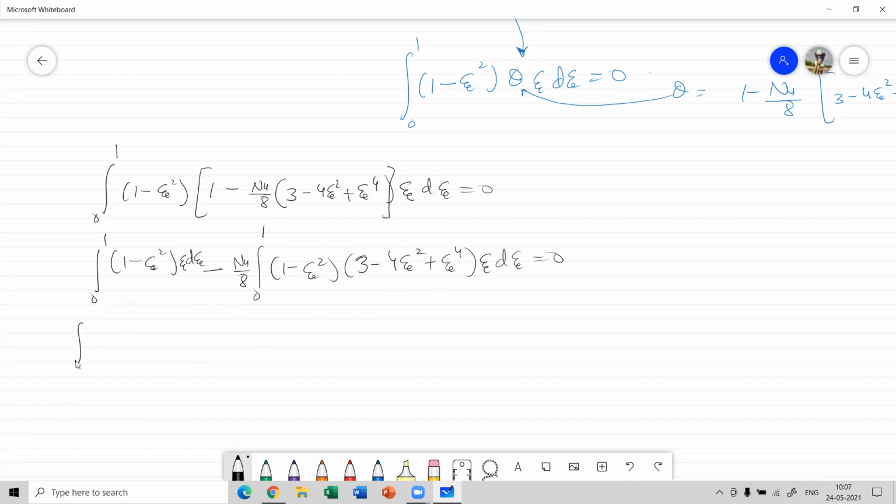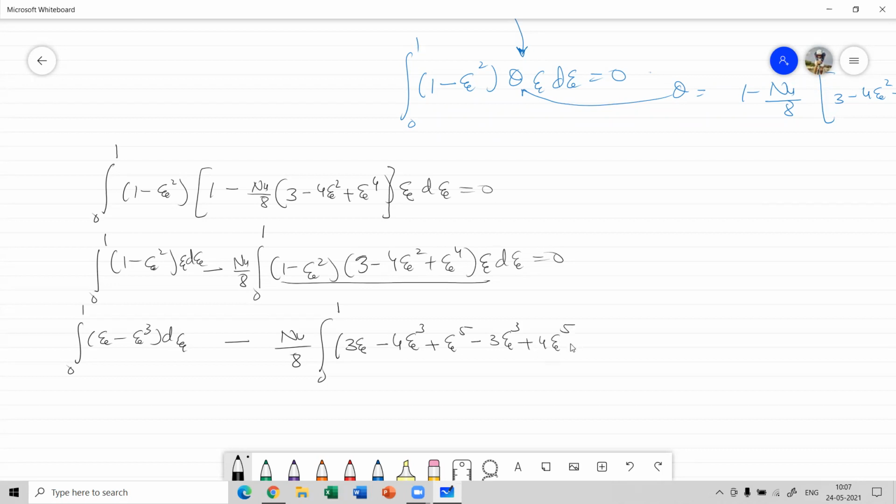Upon integration, this comes out to be zeta minus zeta cube into zeta, Nusselt number by 8. If you multiply and open up this entire expression, it will end up in terms of zeta 5, 3 zeta 3, zeta 5, 7, d zeta equal to 0.